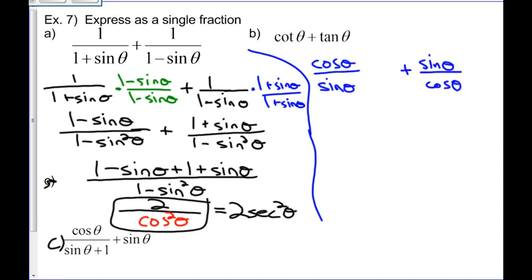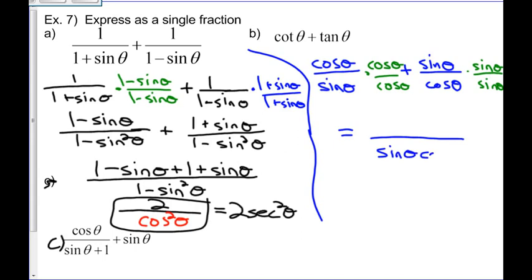If we wanted to put them as a single fraction, we'll need a common denominator. So the common denominator is going to be sine times cosine, which means I need to multiply this first one by cos over cos, and this second one by sine over sine. That gives us our common denominator of sine times cos.